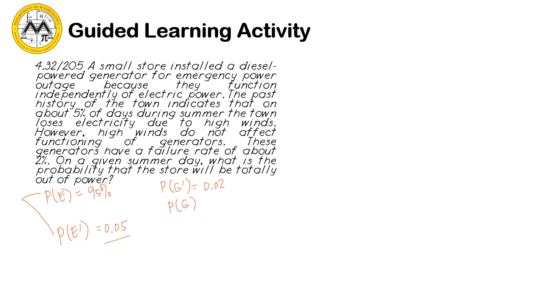So it would be functioning, P of G, 0.98. On a given summer day, what's the probability that the store will be totally out of power?